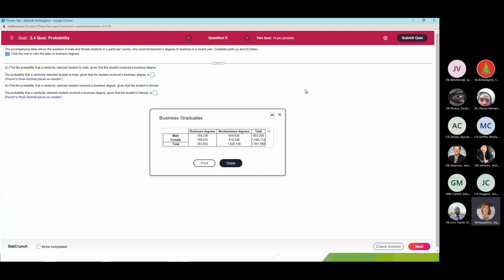There's a way for me to zoom in. Some of you IT guys, tell me how I can make this look a little bigger so you guys can see it better. Oh, there's a way to do that.